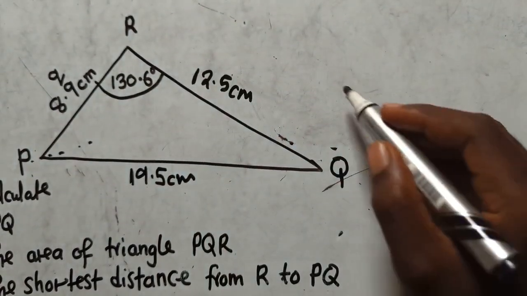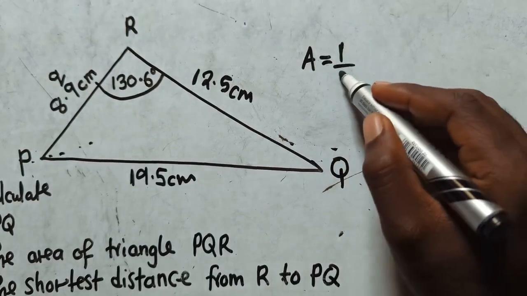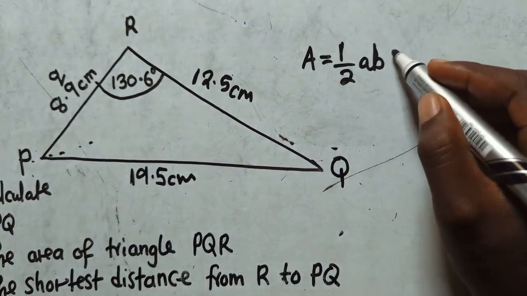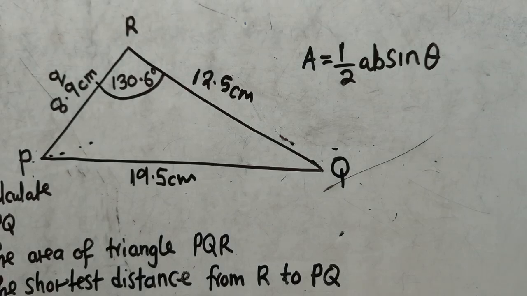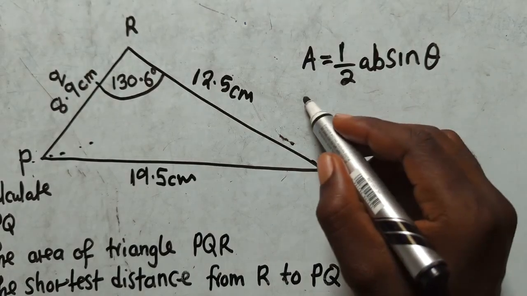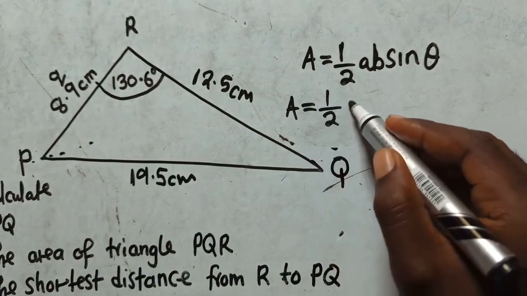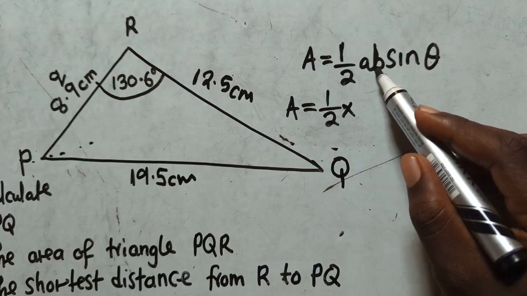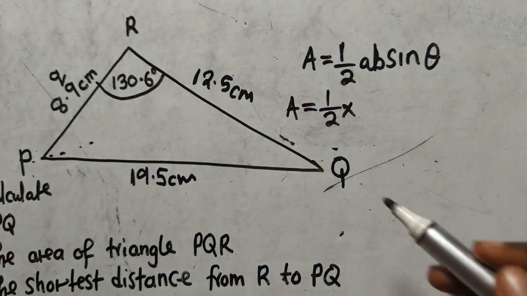The area of a triangle, we say area is equal to half AB sine theta. This is a standard formula on its own, where area is equal to half times A and B, the two sides that are putting the angle in the middle. So where are the two sides putting the angle in the middle?